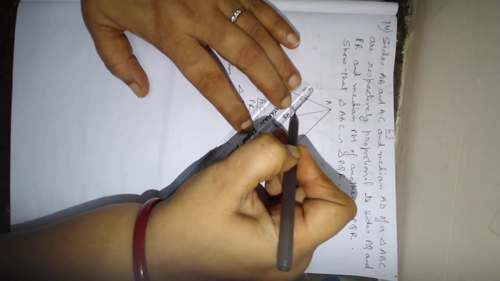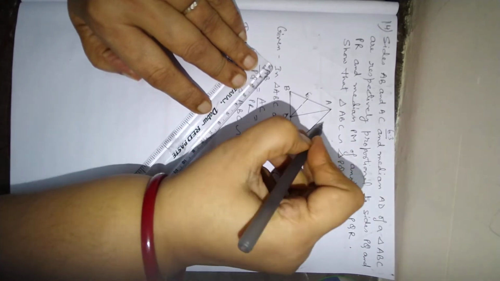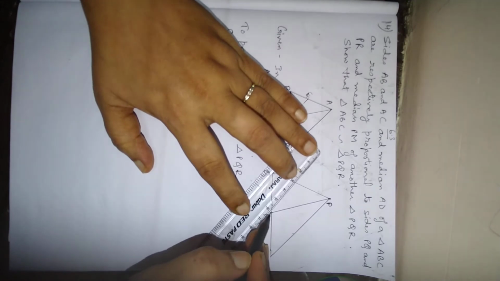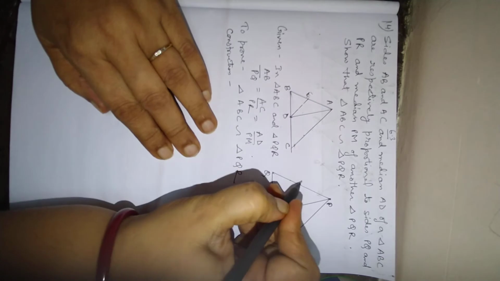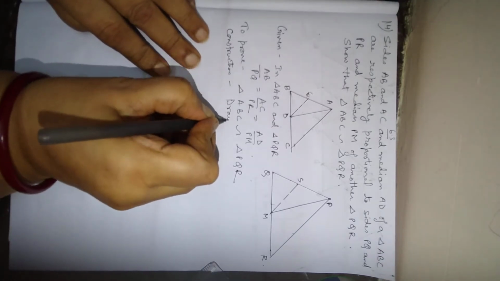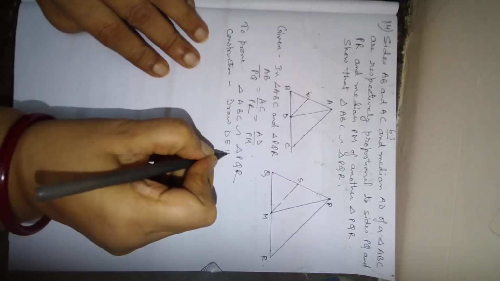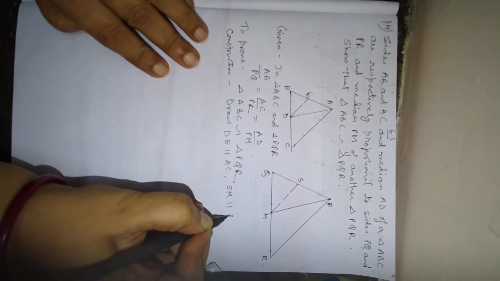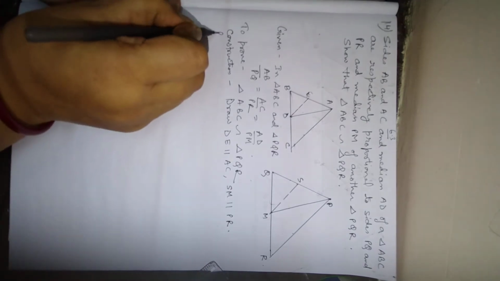The construction is: draw ED parallel to AC and draw SM parallel to PR. Now see the proof.